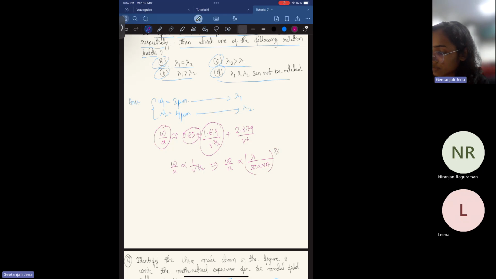So W1 by W2 is lambda 1 over lambda 2 to the power 3 by 2. So lambda 1 by lambda 2 is W1 over W2 to the power 2 by 3. W1 is already given: it is 3 by 4 to the power 2 by 3.